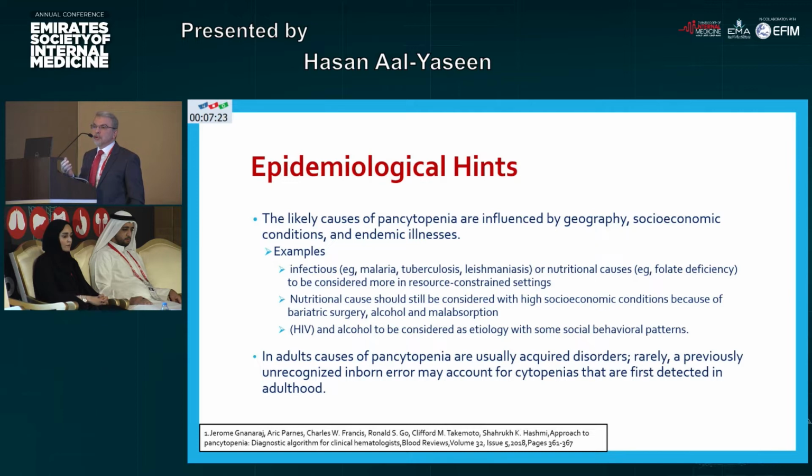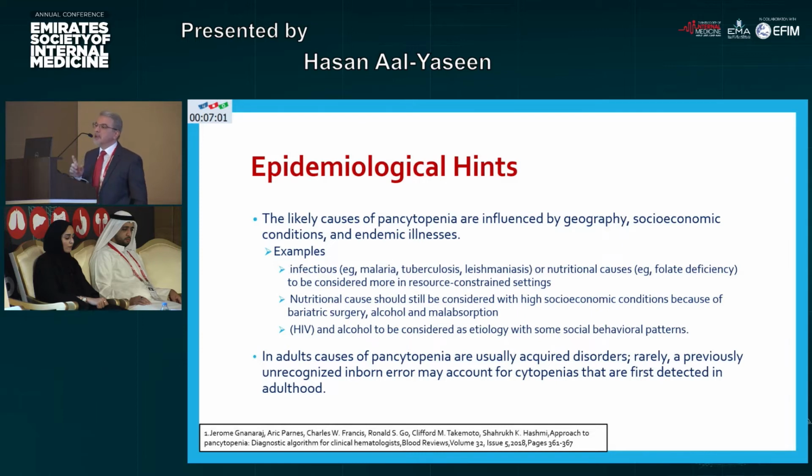HIV, alcohol as causes of pancytopenia are related to some social behavioral patterns, and age is a very important factor when you approach a case of pancytopenia. In children, you have to bear in mind congenital causes of bone marrow hypoplasia, while in adults you have to think about acquired causes.